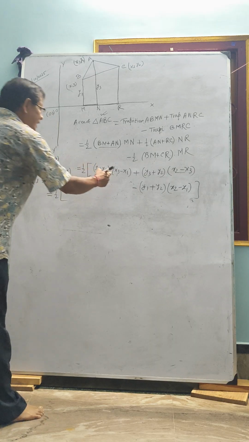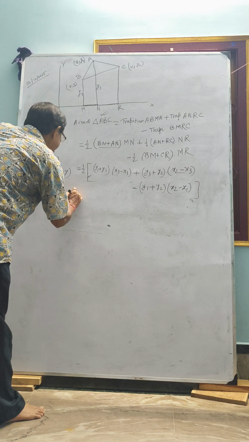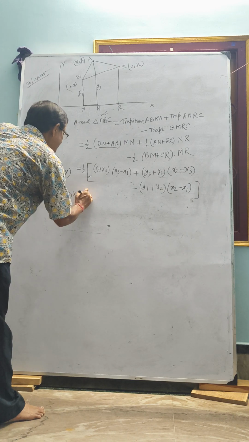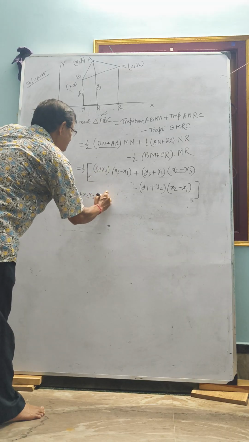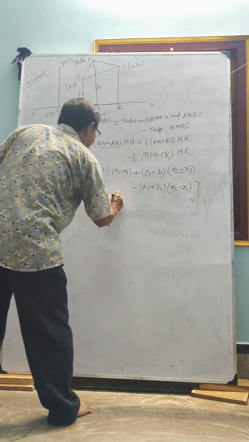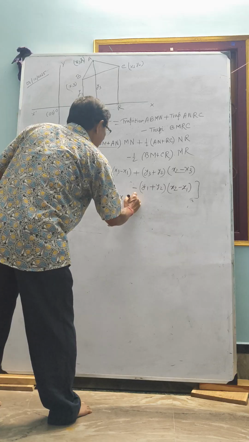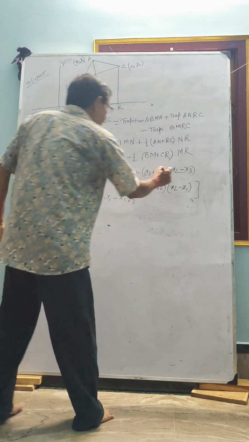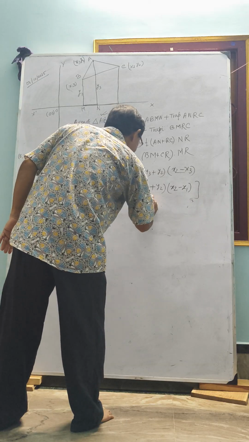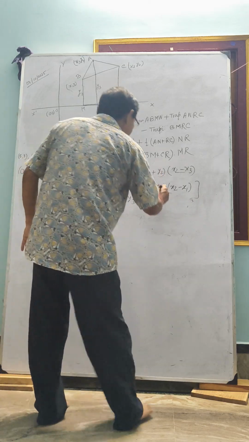And go to next, half. Multiply: x3 y1 minus x1 y3. First step is complete. Go to next: x2 y3 plus x2 y2.